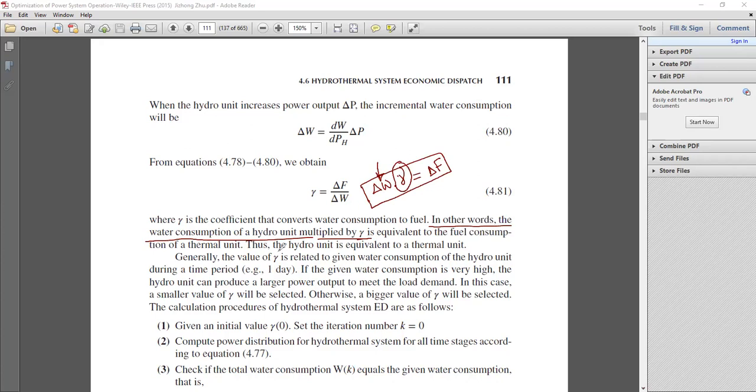In this manner, the hydro unit could be treated as equivalent to a thermal unit. So you cannot directly say del W is del F. To say this, you have to take help of this gamma. When you multiply it with del W, it is identical to saying that instead of a hydro unit, you can consider it to be a thermal unit. So this is the significance of gamma.